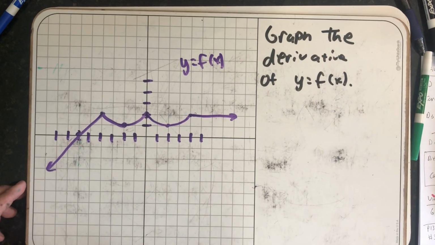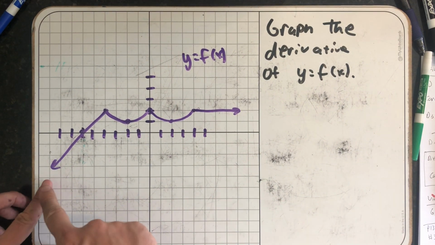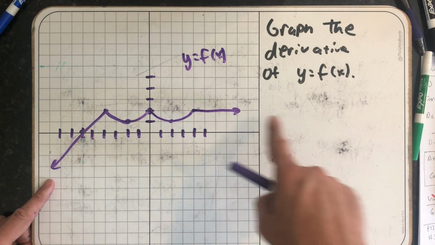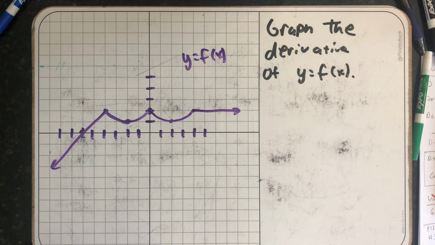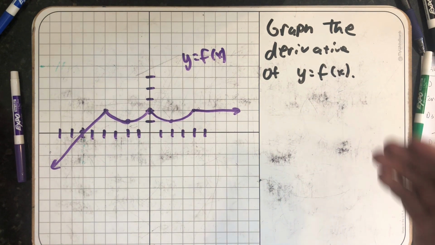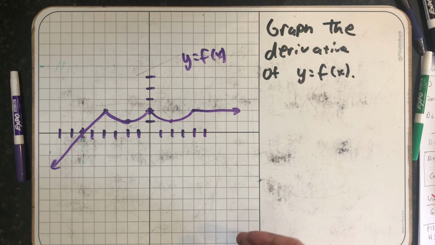Now I have an example where instead of having a formula, I have a function defined implicitly, right? Just drawn out for me. And I've been given the similar instructions to graph the derivative. And so I need to look at each piece and just do my best and see if I can figure out what's going on.